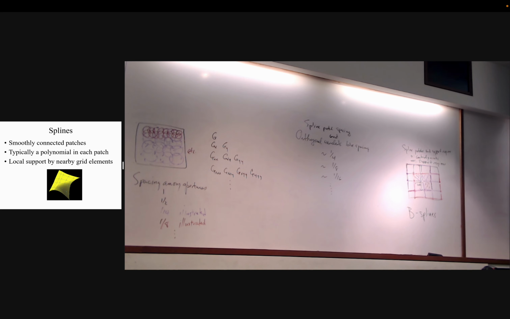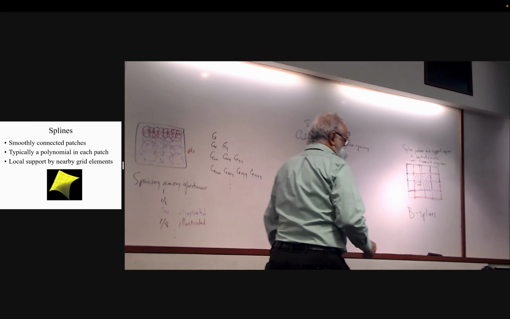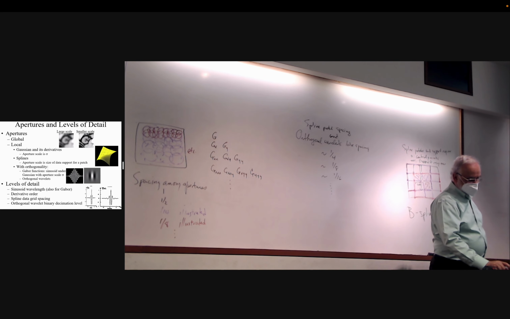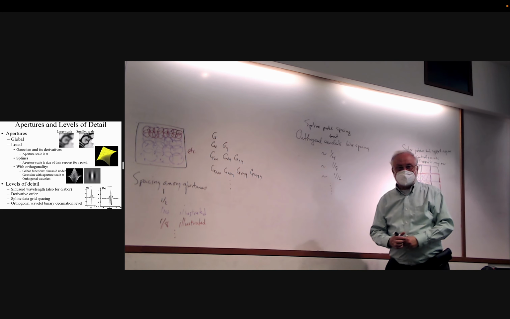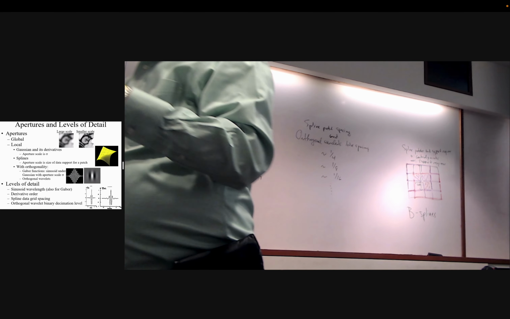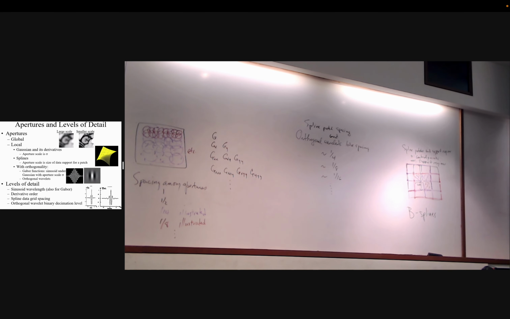I am basically done with my overall discussion of the various apertures and levels of detail that we're going to be covering in this course. We still have to talk a lot about implementation, how that's going to work.